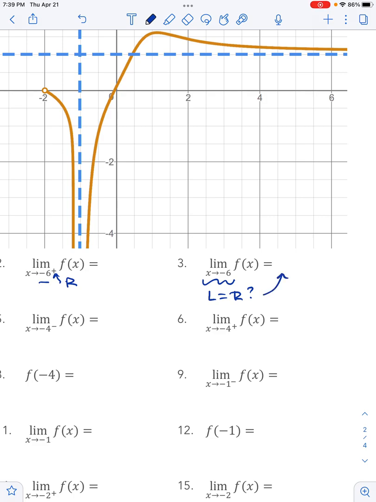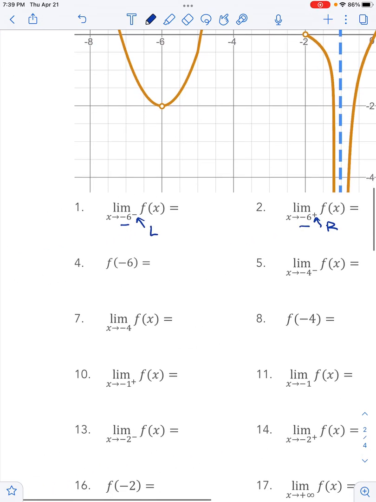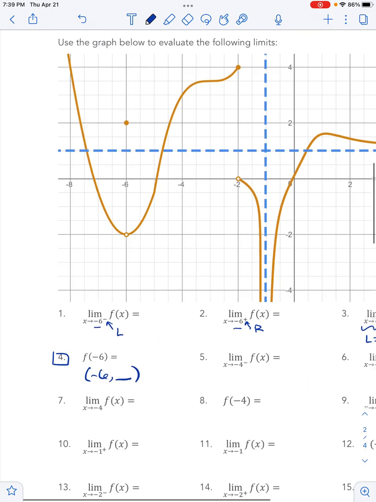If it is, then that's our answer. If it's not, it doesn't exist. And then the fourth one goes with it and says, what's the actual value when x is -6? What is that y value? So those first 4 all go together, and they all focus on what is happening here when x is -6.